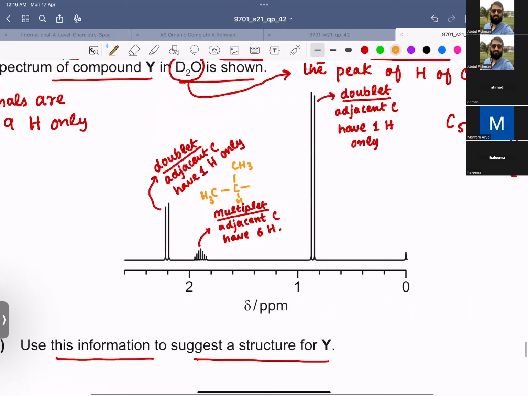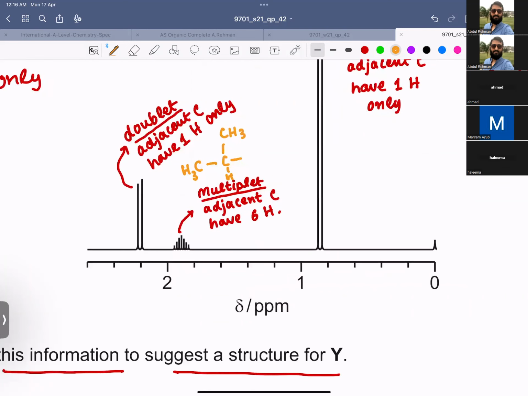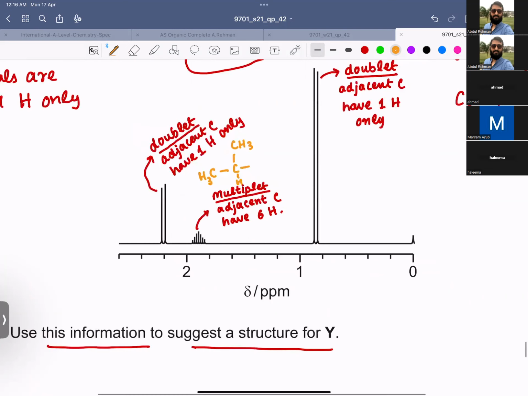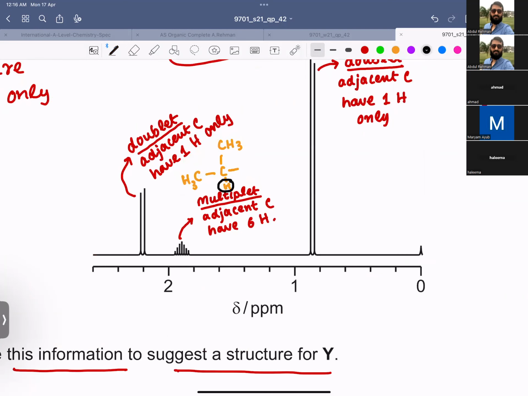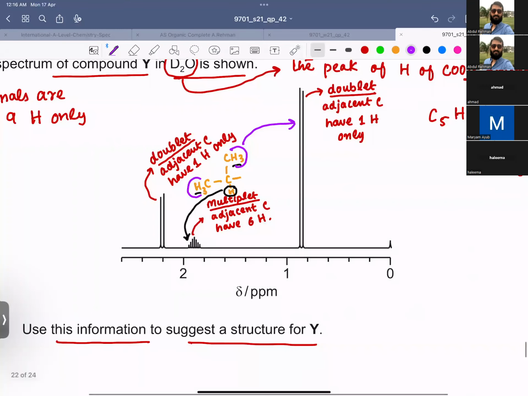Now, if you see over here, this hydrogen is showing this signal because on its neighbor we have 6 hydrogens, and these 6 hydrogens are showing this signal because it's a doublet, and in their adjacent carbon there is 1 hydrogen.